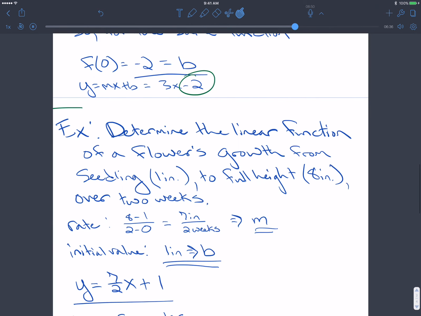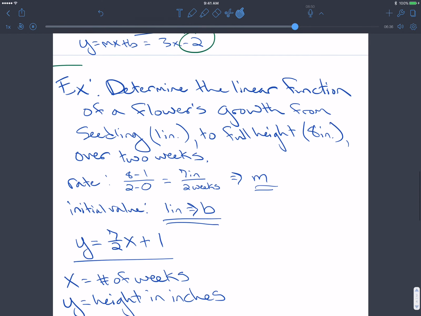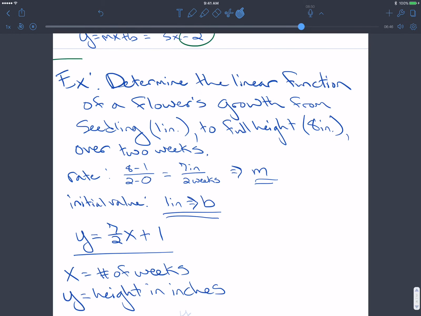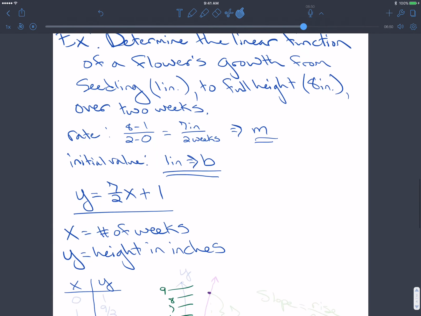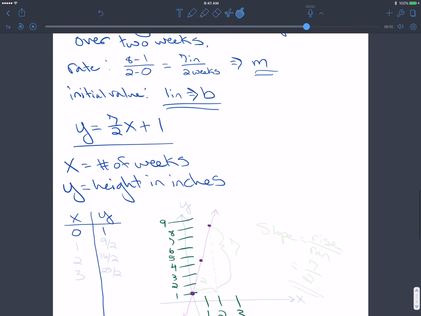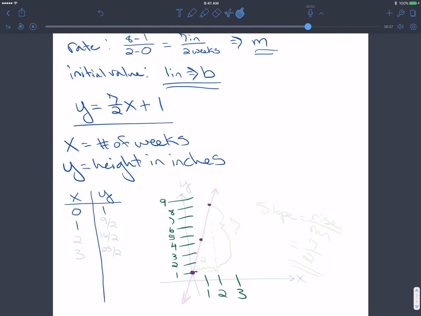Let's take a minute to graph this linear function. If I'm looking at the height, at 0 it's 1. At 1 it's 7 halves plus 1, so I end up with 9 halves. At 2, I end up with 16 halves.